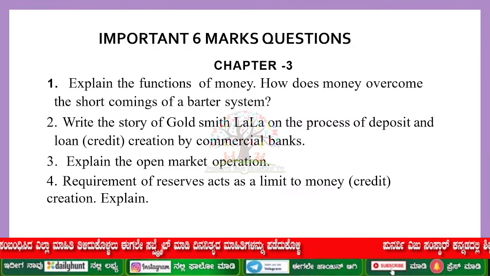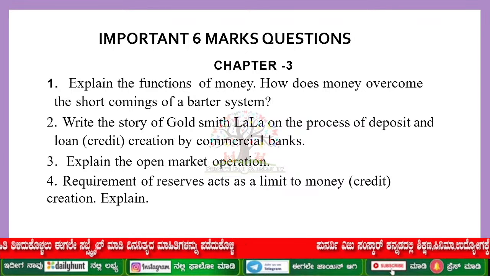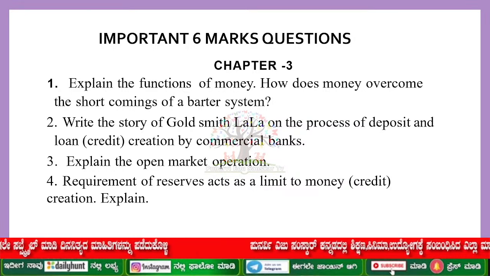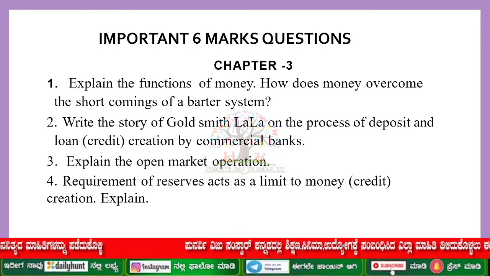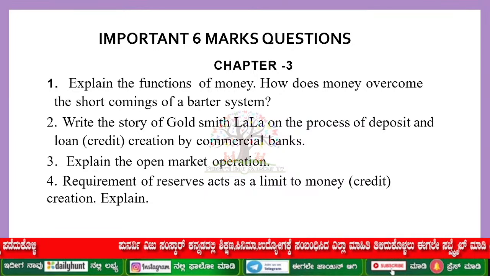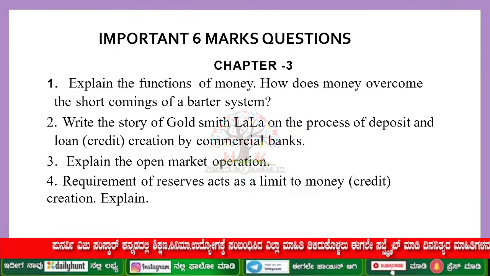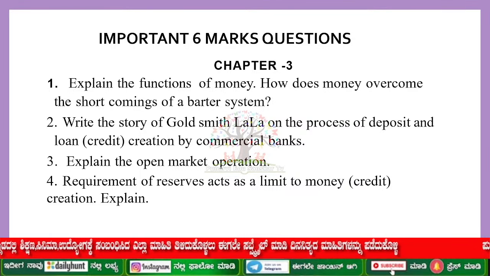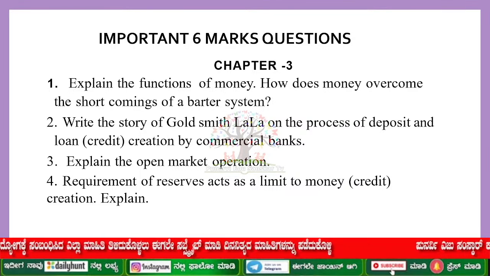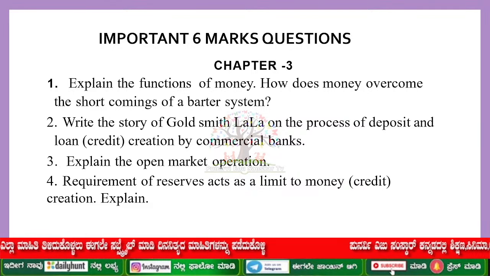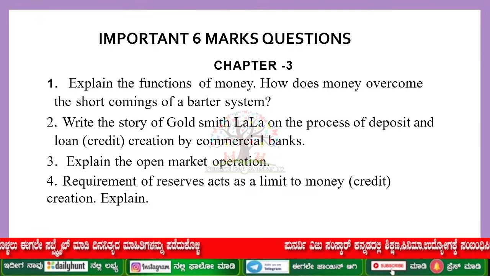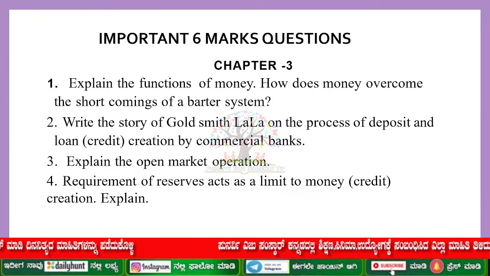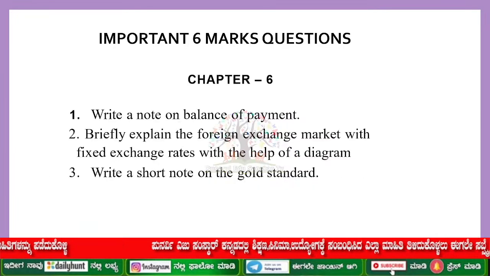Then write the story of Goldsmith Lala and the process of deposit and loan credit creation by commercial banks, and explain open market operation. Then the last one is, requisites of reserves act as a limit to money creation. Explain. So out of these 4, one 6-mark question you can expect.